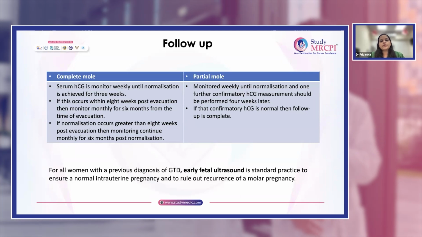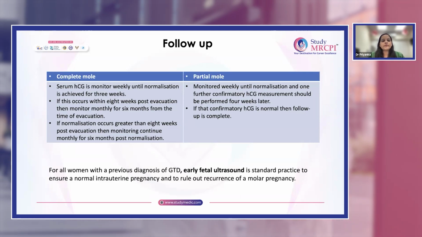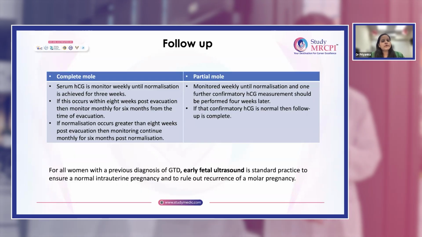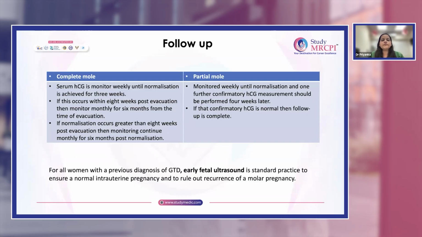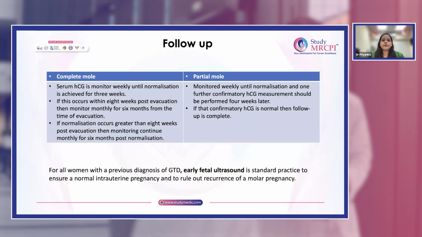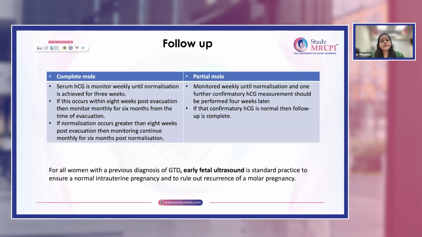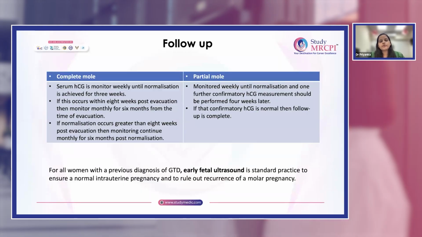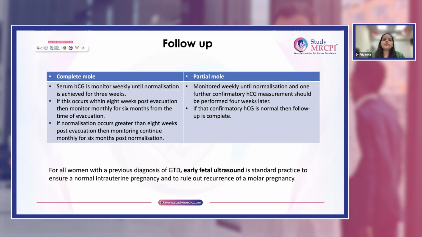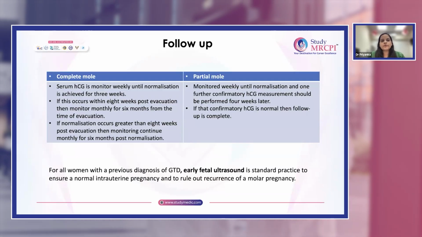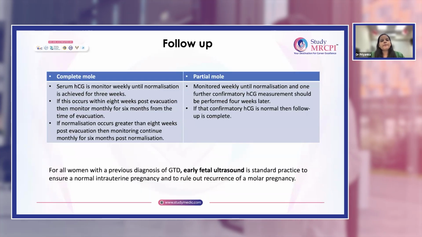So if it has come to normal within 8 weeks, that is 56 days from the date of evacuation of the molar pregnancy, then the follow-up is for 6 months from the date of evacuation. But if the normalization has happened after 8 weeks from the date of evacuation, or after 56 days of evacuation, then we do follow-up for 6 months from the date of normalization of the HCG values.